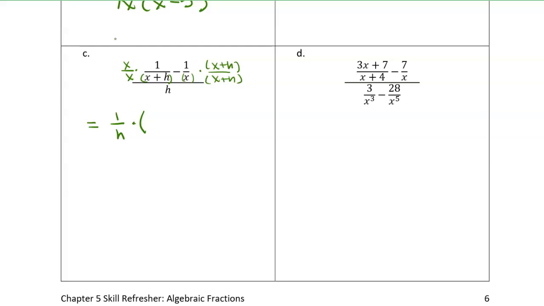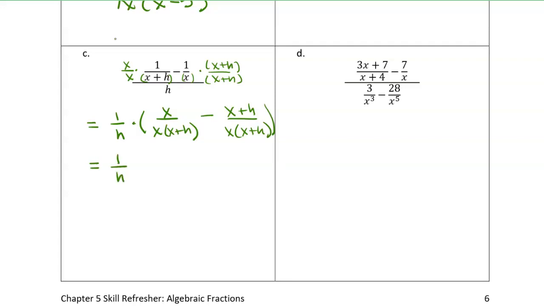What am I going to get here? I've got x over x times x plus h. And then I have to subtract x plus h all over x times x plus h. All right, so now I have a common denominator, and I can add those.